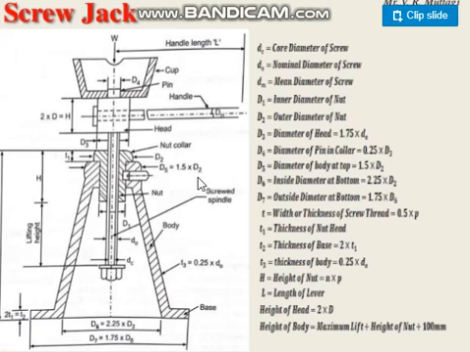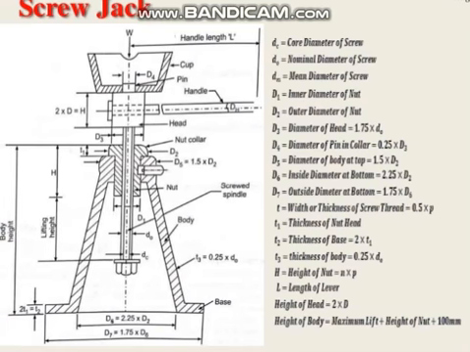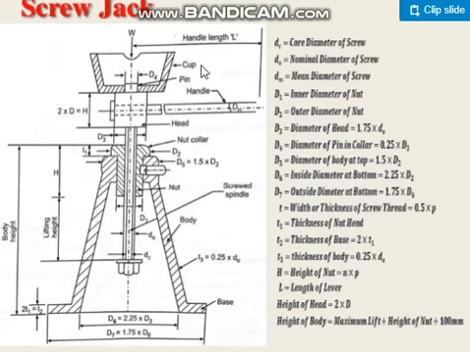Now let us see a screw jack. This screw jack is often something we are expected to design. Now how is the screw jack? See, this is a cut section. It is cut in the middle.